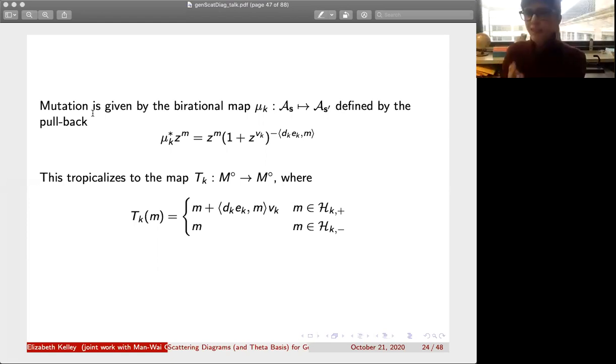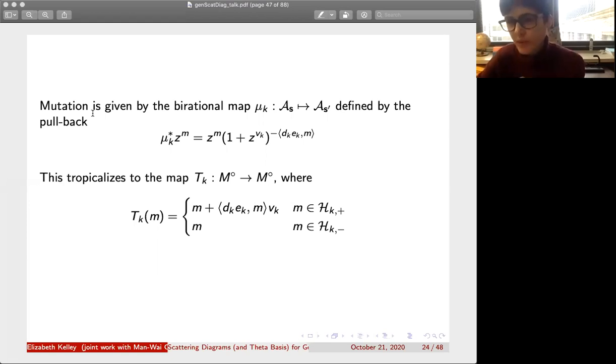So the essence of what's going on here is it would be kind of annoying and fiddly if every time I wanted to do mutation, I had to go back to the data, mutate it, and then draw the diagram again. What I would like is some map that lets me say, if I've already drawn a diagram for one seed, here's how I draw a diagram for a seed that I can reach by mutation from that seed, right?